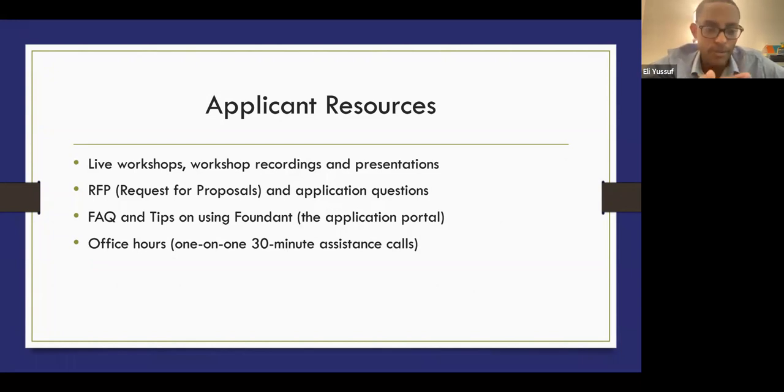And finally, I work back from the bottom to the front. We have recordings of the workshops, the overview workshops, as well as these grant specific workshops. We have the recordings and the PowerPoint slide decks posted on our website, and they will also be shared with you directly.